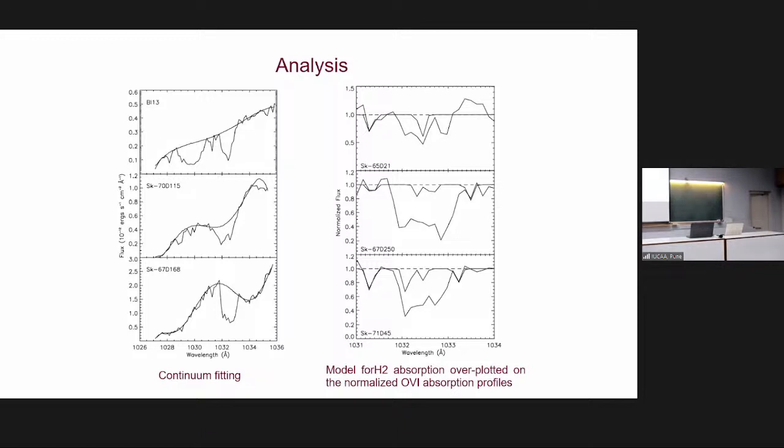What again we'll have to take care of is: is there anything else which is absorbing at that particular wavelength? So we found that there is H2 absorption, which is absorbing in the vicinity of 1032, 1033.